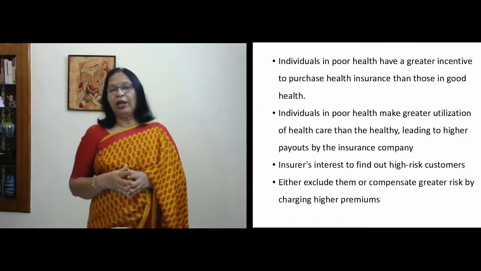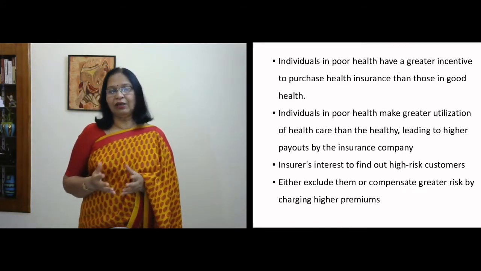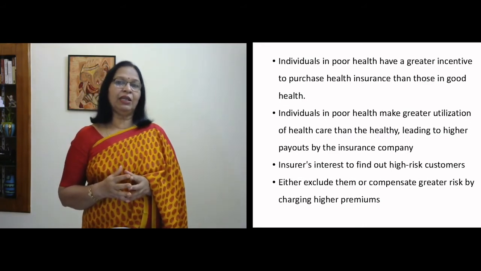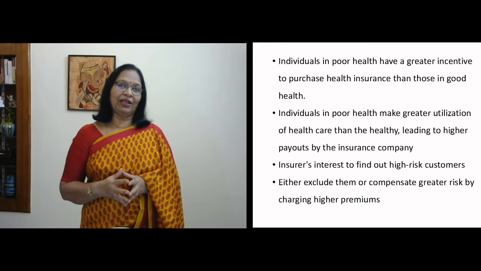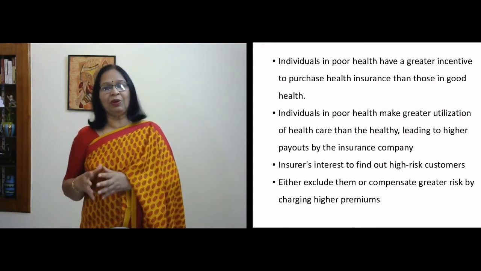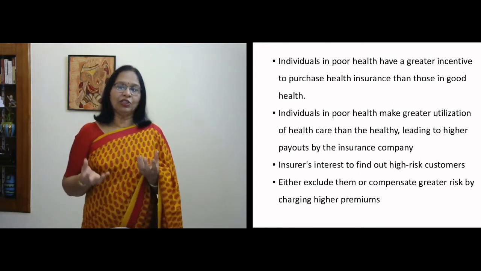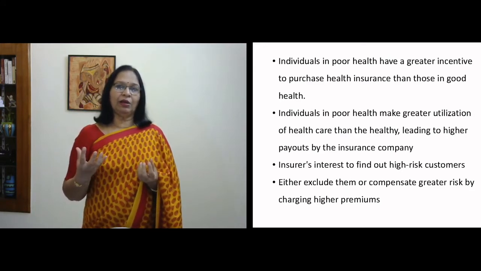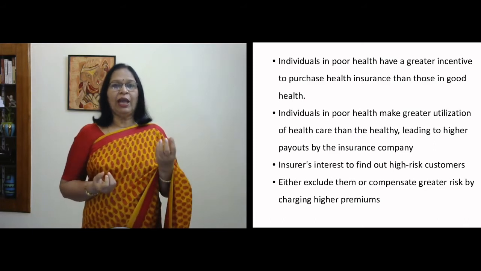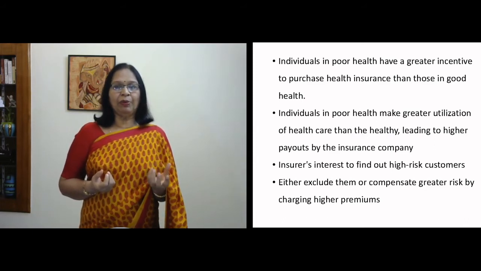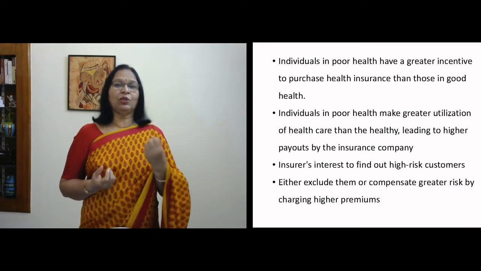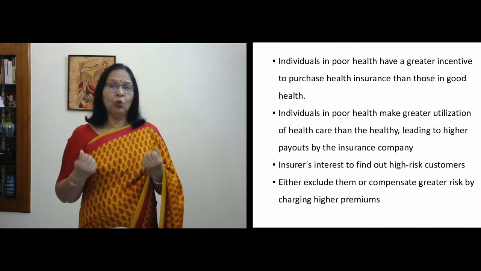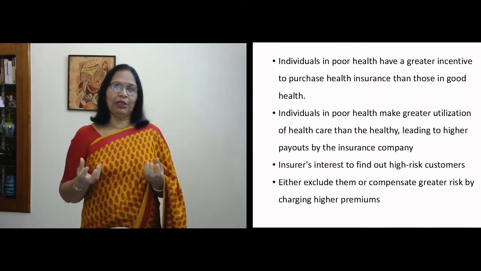Individuals in poor health, in general, have a greater incentive to seek medical insurance than young or healthy people. So there are two kinds of people in the insurance market now: healthy people, who do not have any health issues, and people with health conditions, who are the ones seeking more health insurance. What can happen when you have two kinds of people in the market?